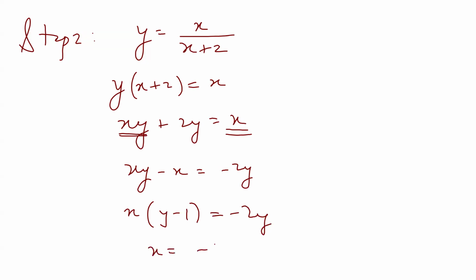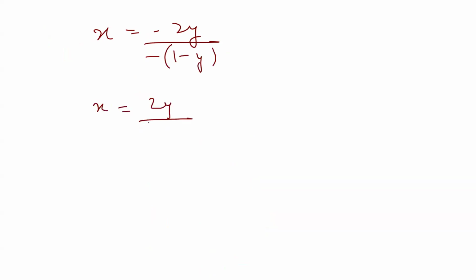So x is equal to minus 2y upon y minus 1. Now from the denominator, I'll take minus sign common and reverse it. y minus 1 will become 1 minus y. So x is equal to 2y upon 1 minus y.